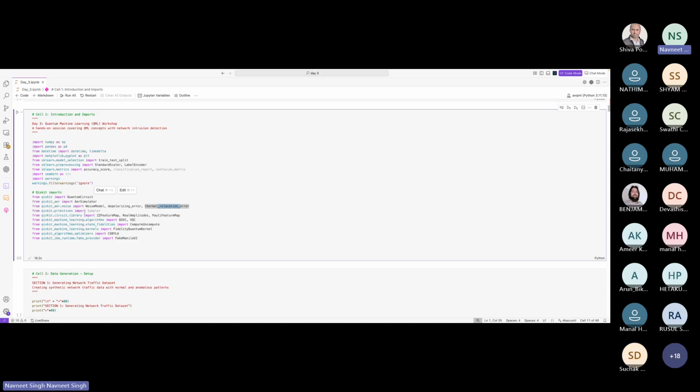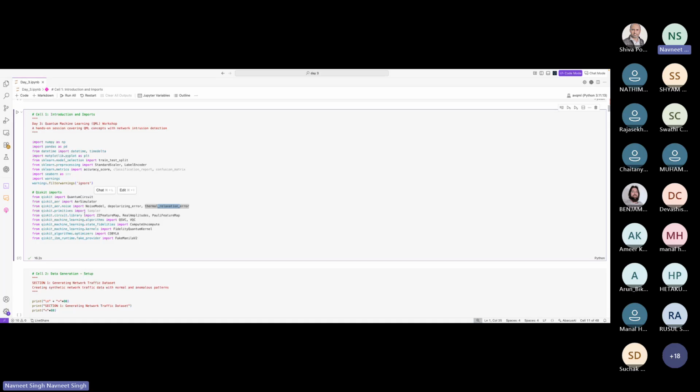And the next are the very standard circuit templates. I can say the ZZ feature map, real amplitudes, and Pauli feature maps. The ZZ feature map, as Swati explained about quantum encoding, is used to transform the classical data into quantum states using the ZZ entangling interactions.